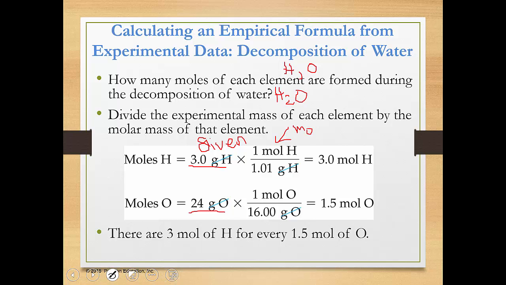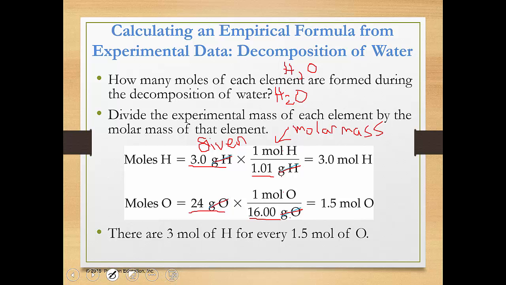So here's my molar mass ratios. Those come from the periodic table. Hydrogen is 1.01, oxygen is 16, and that is the number of grams in a mole of each. Now I want grams to cancel out in each case, so I'm dividing by the number of grams.